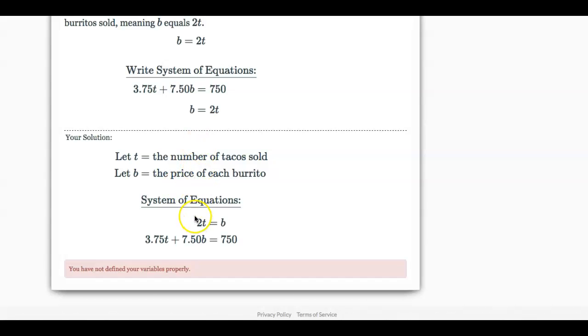So when I pulled that drop-down menu down, I just saw burrito and I clicked on it and I didn't read carefully. So we don't want the price of each burrito. We want the number of burritos, because they gave us the price of the burrito in the problem. So I don't need a variable for that. I need a variable for the number of burritos sold. So that was just a careless mistake, but I'm glad I did that so you can see what to avoid.